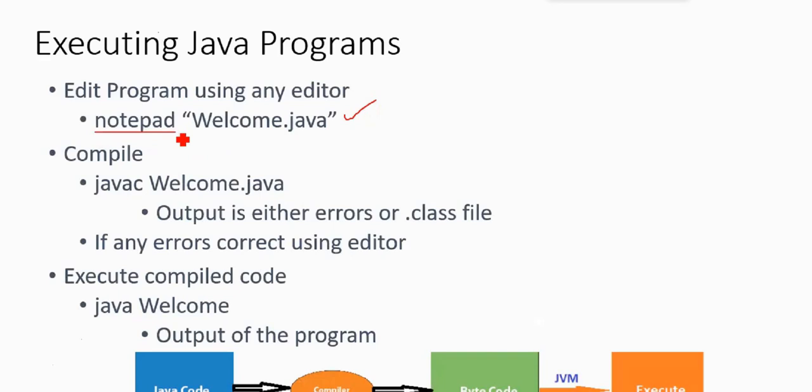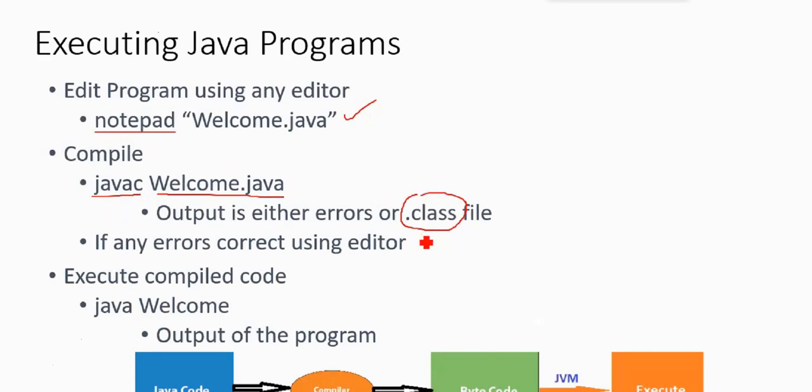Then we use the Java compiler, and provide as input the Java source code program with a file name, and it will give the output as .class files.